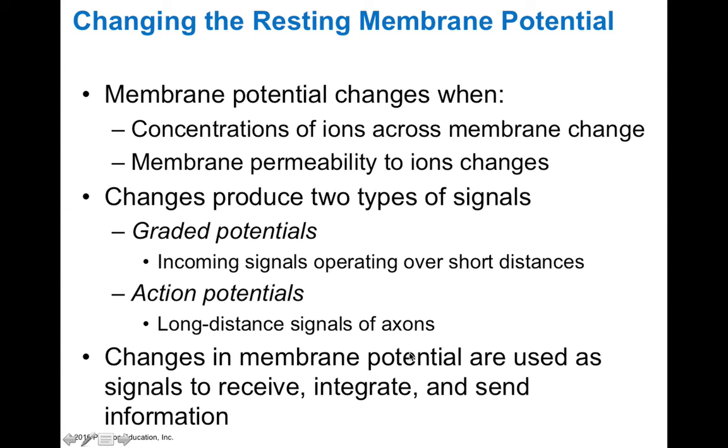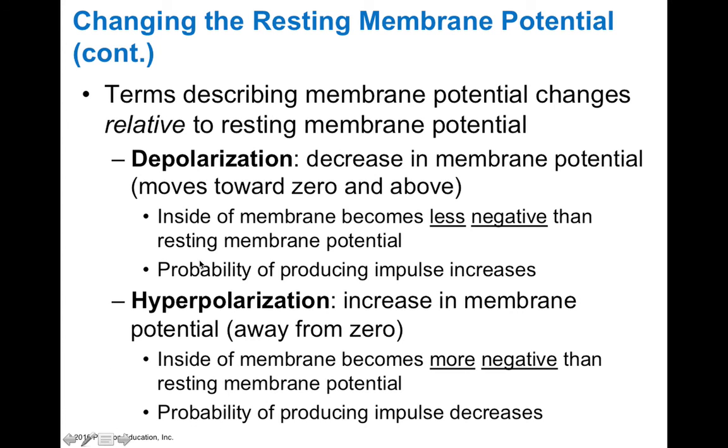Now, changes in membrane permeability are used to basically transmit information. So when we say that electrical information is transmitted along the neuron, ultimately this relates to changing the membrane potential, and this change is a piece of information that our neurons use to communicate. So here are some different terms to describe voltage changes: depolarization and hyperpolarization.